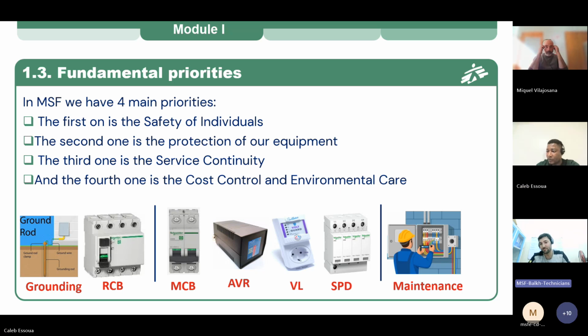Sorry, stabilizer. Okay. Yes. But inside our project, for the ACs, we don't install anything for protecting the AC and other systems, like a voltage limiter. Is it necessary that we should install voltage limiters for all our ACs? I faced one problem like one month ago.